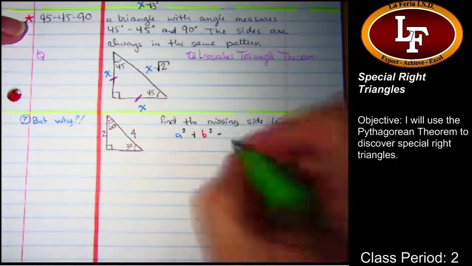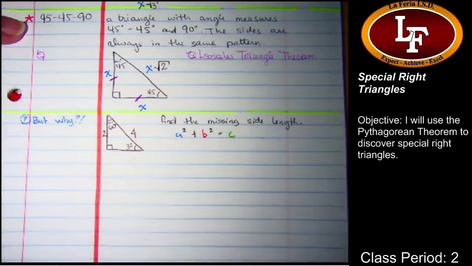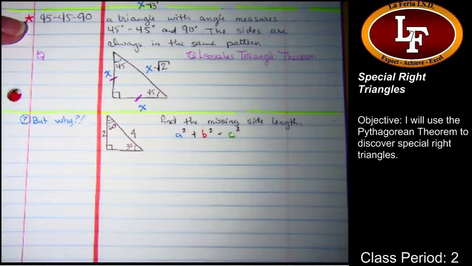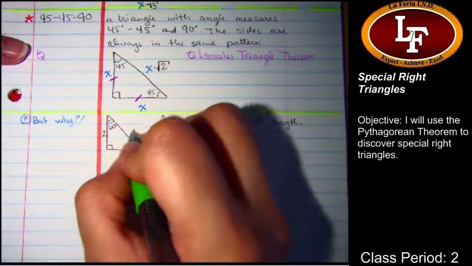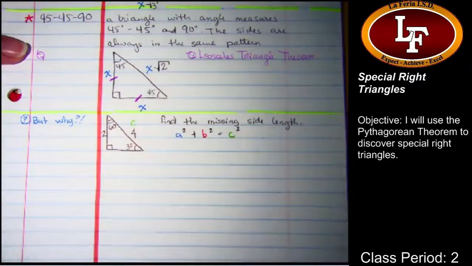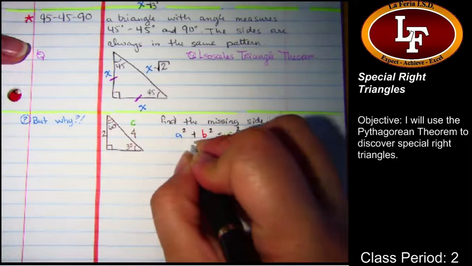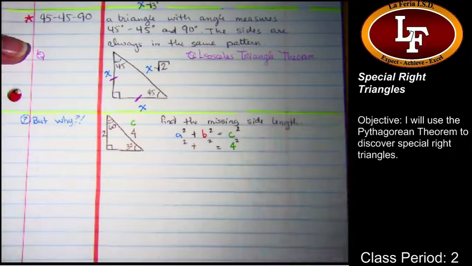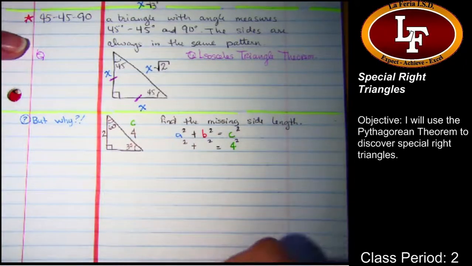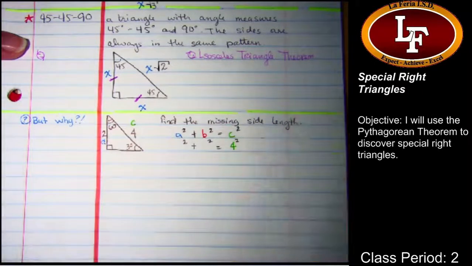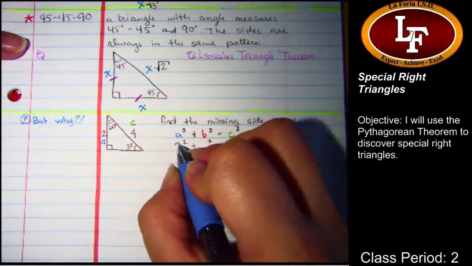We know that the large side, the one across from the right angle, is always the hypotenuse, so C must be 4. And now we need to figure out which one is which. Which one do you want to be A and which one do you want to be B? I want 2 to be A. Okay. It honestly didn't matter which choice you picked.